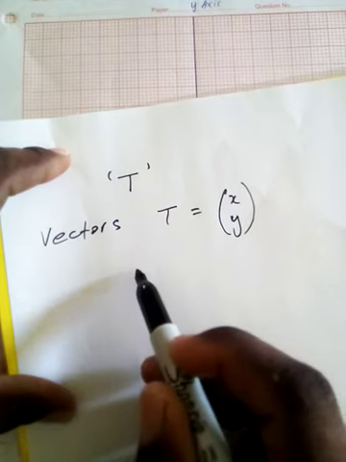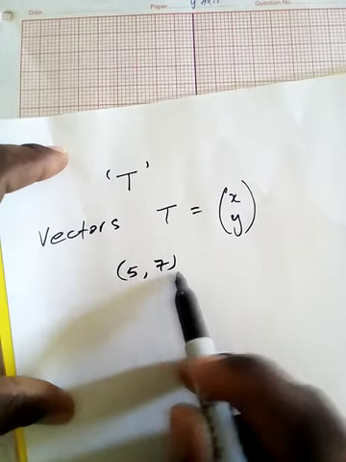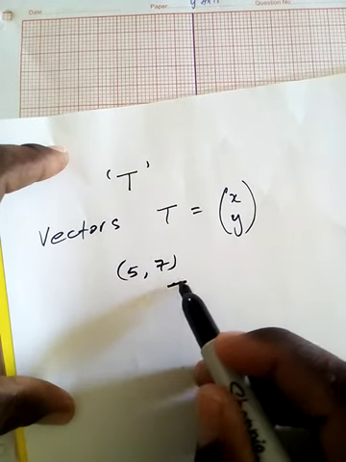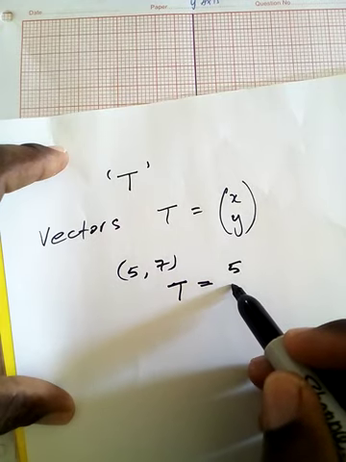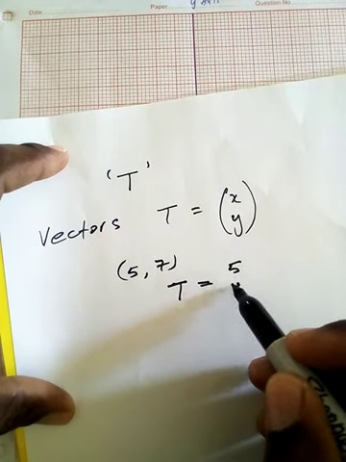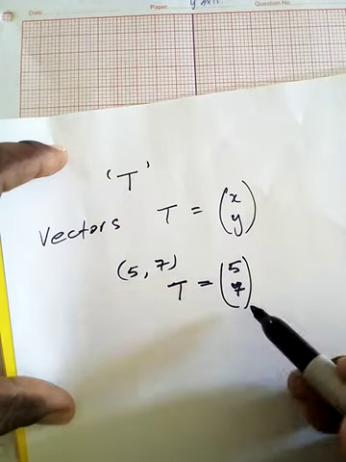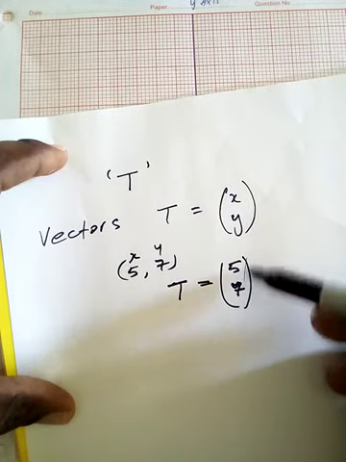Most times you're given something like this, for example 5, 7, which is in coordinate form. But to write it in vector form, we represent the translation using the vector 5, 7, so the coordinate is rewritten like this. The x value and the y value are rewritten when you're using translation. So this is a vector.